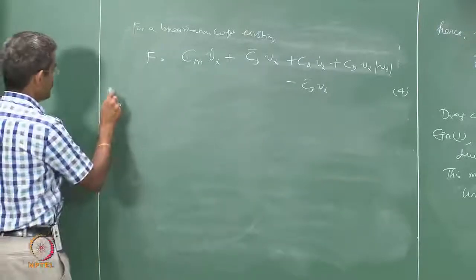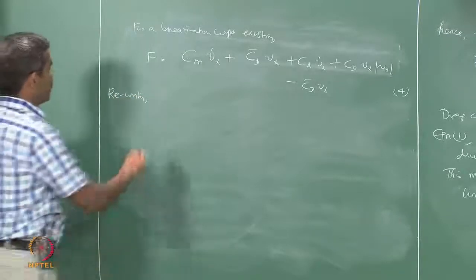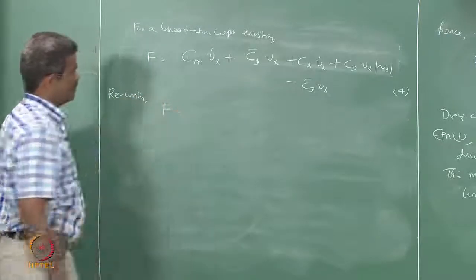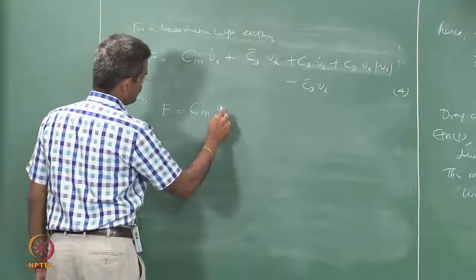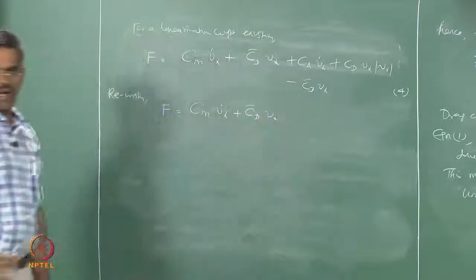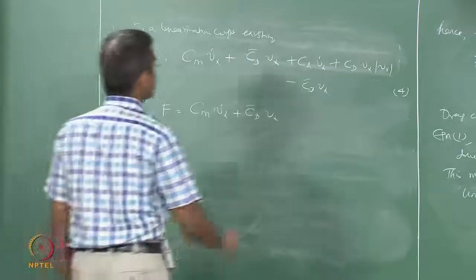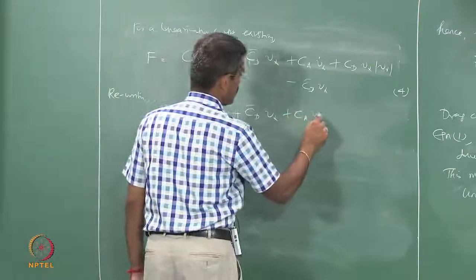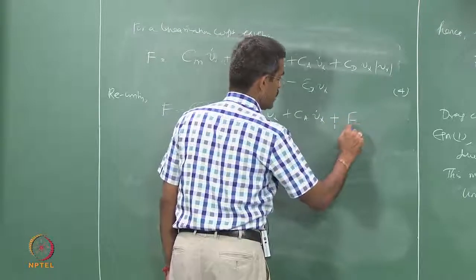Rewriting, F will be given by now Cm Vx dot plus CD bar Vx, because I want to avoid the nonlinear part, plus Ca Vx bar Vx dot plus E. The E is interpreted as an error function.